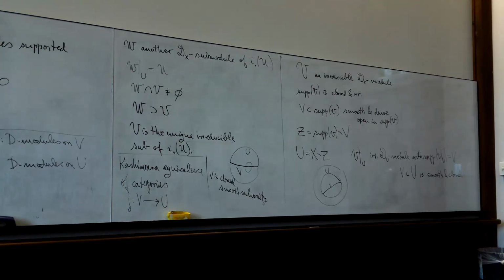And this is enough to show that the support is irreducible. Yeah, I mean, because we had this discussion about IC sheaves, I want to see how the structure of the argument works in the D module setting.